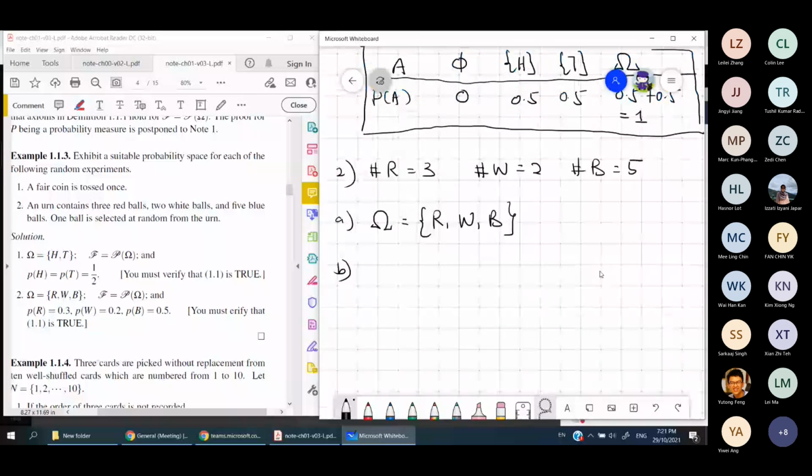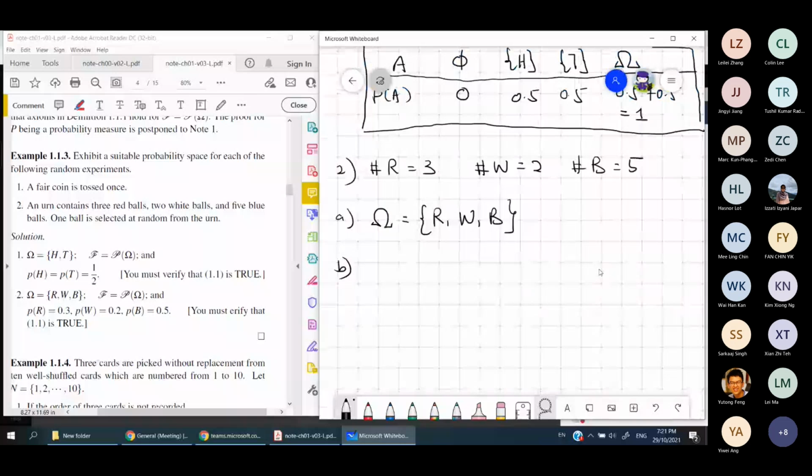So we have 3 of them, right? So in this case, the number of elements in our sigma field is 2 to the power 3, which will be 8 of them, because I have 3 elements. So we can take F to be the power set.